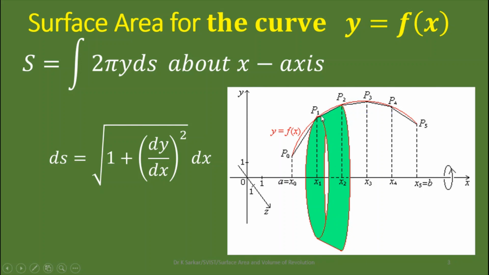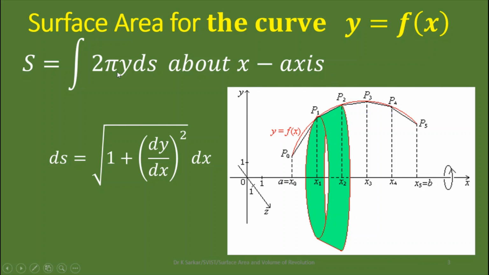Let us take the arc P1P2 revolving around the x-axis, making the area made by the circles of radius x1P1 and x2P2. So let us find the surface area of this green circular ring.